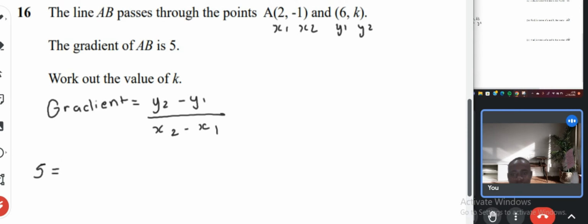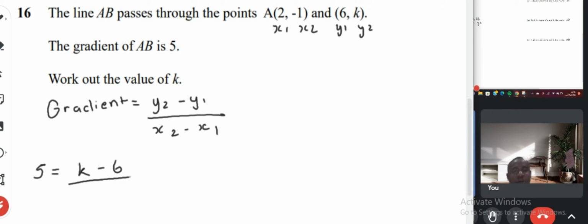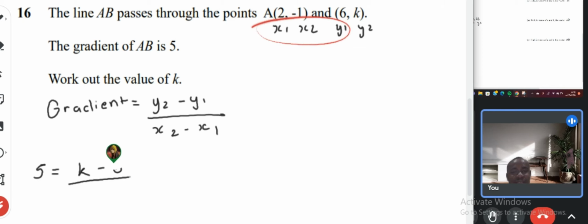So gradient 5 is equal to K minus what? You're making the mistake again. Oh, no wonder. It's the way you expressed it. I can see this is where you're running into a problem. A coordinate is x, y, not x, x.